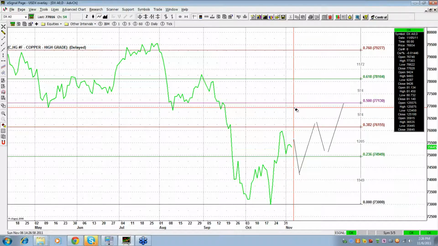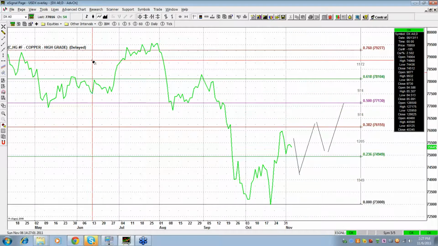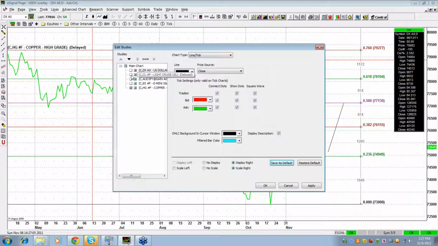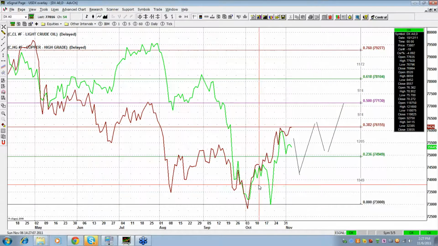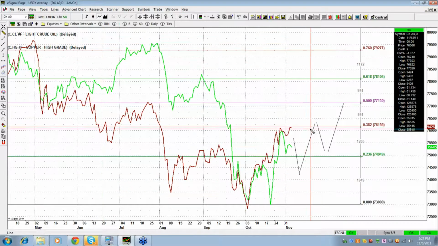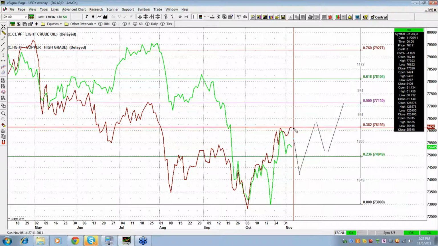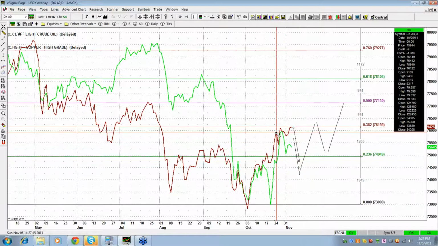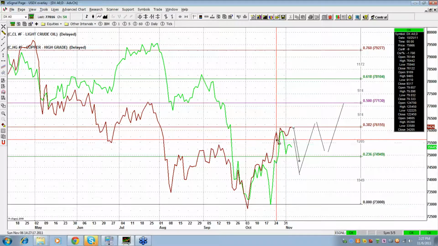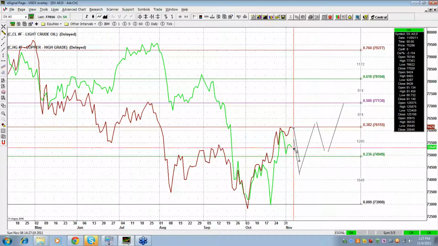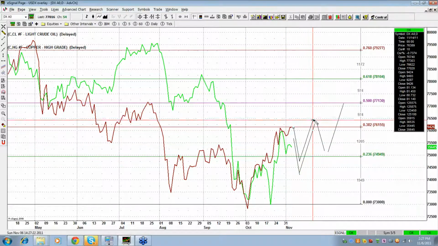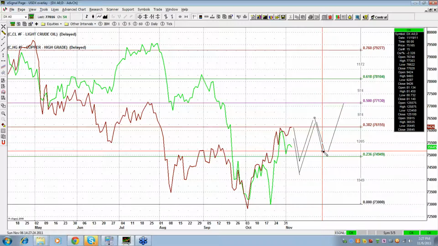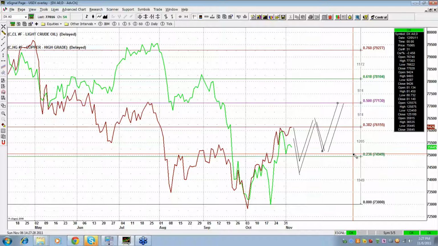Copper is going to do that structure, and then you add oil to the equation, and oil is doing a flat when oil is going to trade this area. This was the W, and then you got A, B, C, and then oil is going to trade also 3 ways to the upside. All right.